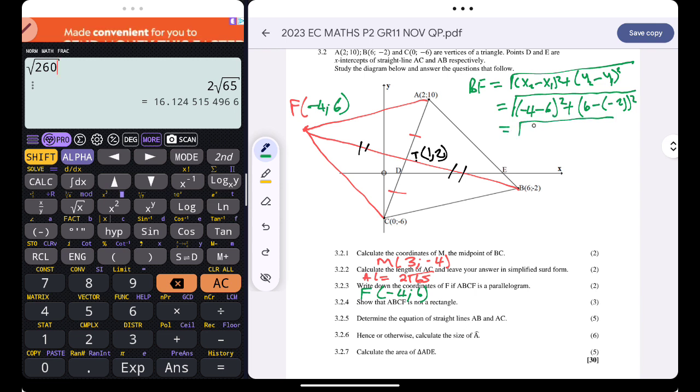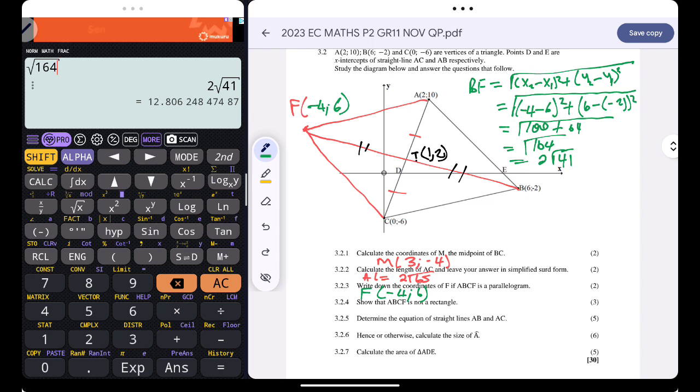So this would give me 100 plus 64, 164. What is the square root of 164? This is 2 root 41.